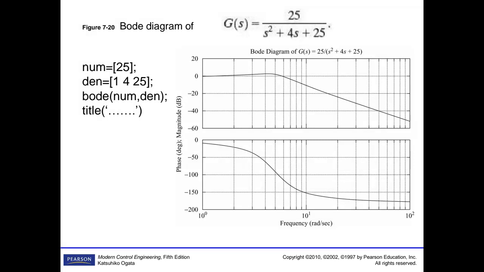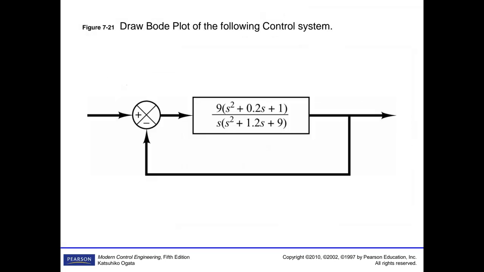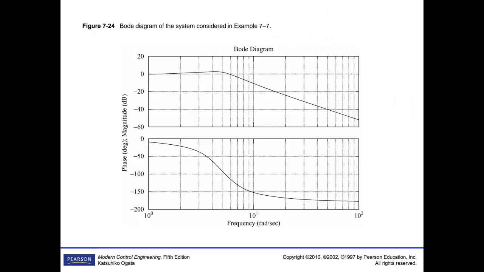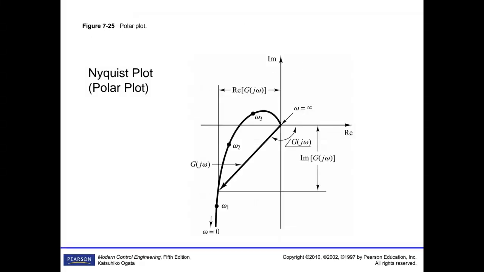Now one thing you should learn. I'm not going to try to teach all the details of the design of control systems with Bode plots. We have no time. However, one thing you should learn. What is gain margin?